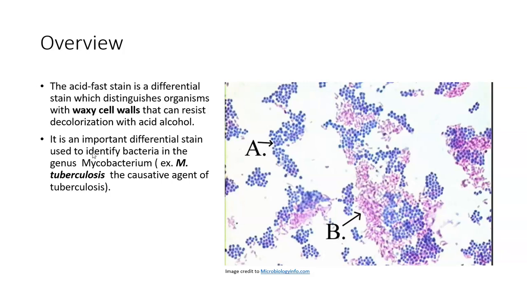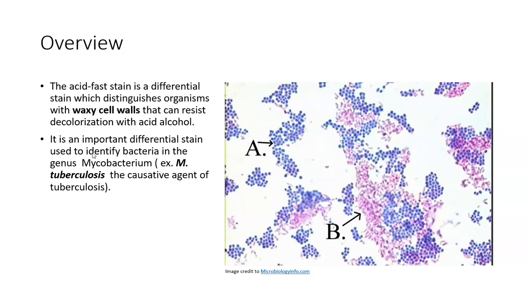However, with Mycobacterium, such as Mycobacterium tuberculosis, this waxy cell wall helps them to hold on to the primary stain in the acid-fast stain, which is carbol fuchsin, and in the end they will stain pink. So in this differential staining technique, pink is positive, and it means the bacteria have a waxy cell wall, whereas blue is negative, which indicates the bacteria do not have a waxy cell wall.